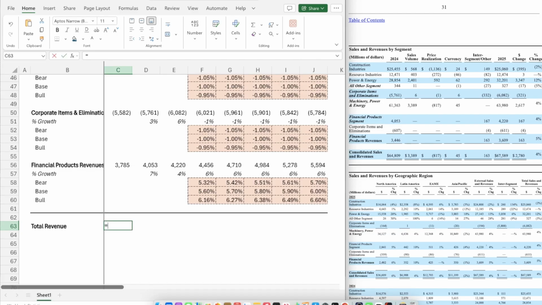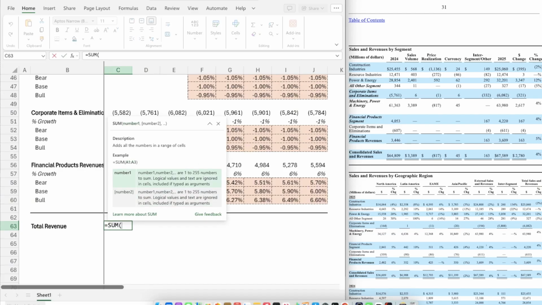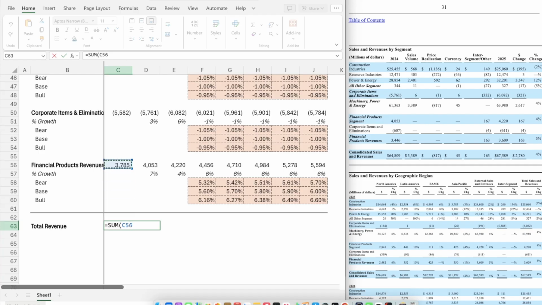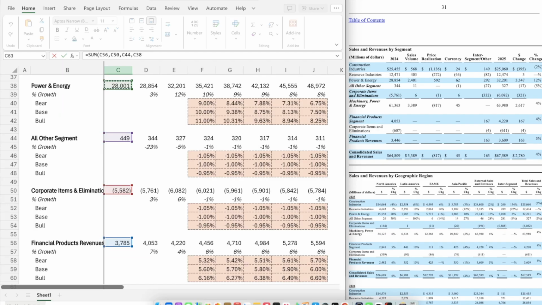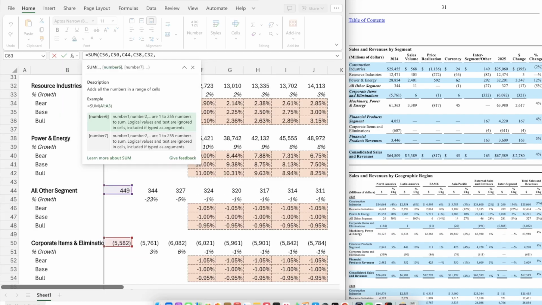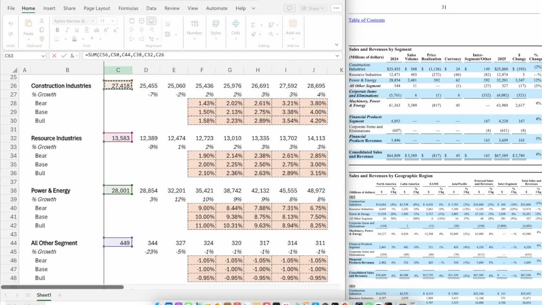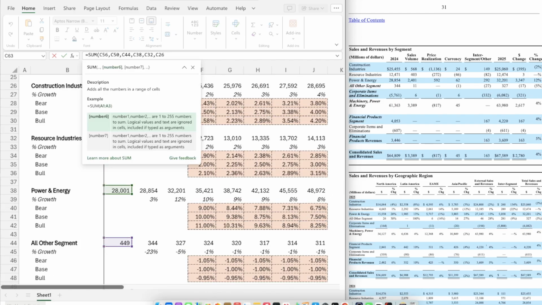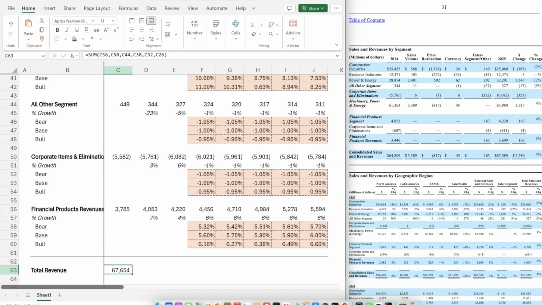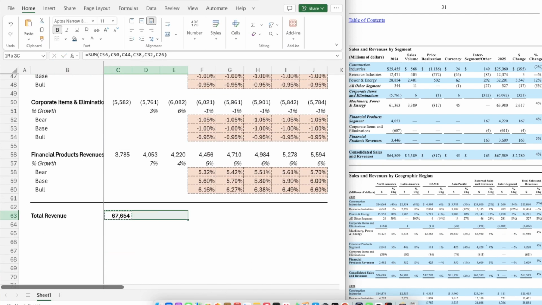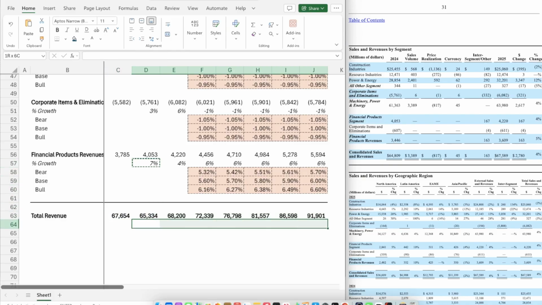Let's sum all of these together. Sum. Yeah, so that's about right.